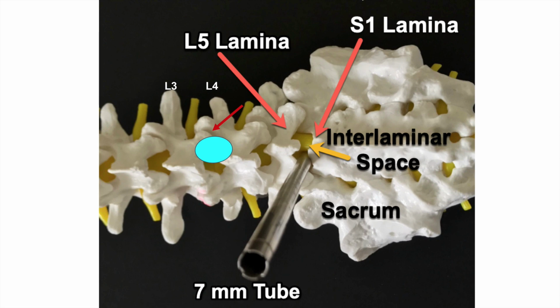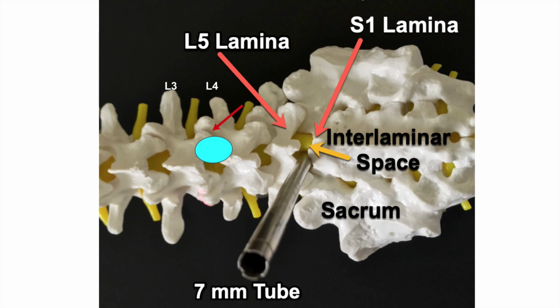Here's a picture showing a 7-millimeter tube, and how it can effectively decompress the cauda equina in this picture, by just putting the tube down and developing the space between the vertebrae. So the interlaminar space, which is the yellow arrow, is being generated by the lamina of L5 and the lamina of sacral 1.